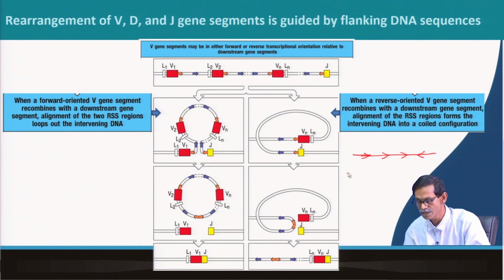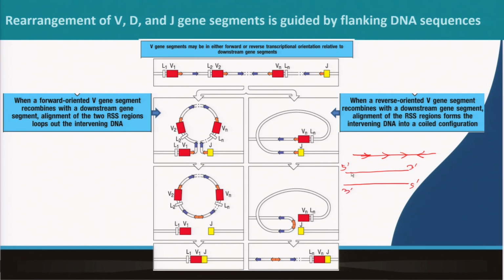What does this mean? If this is the double stranded DNA, with 5 prime and 3 prime here and 5 prime and 3 prime there, then this gene is in this direction on this strand, and the other gene is in this direction on the other strand, so the sense sequence is this.